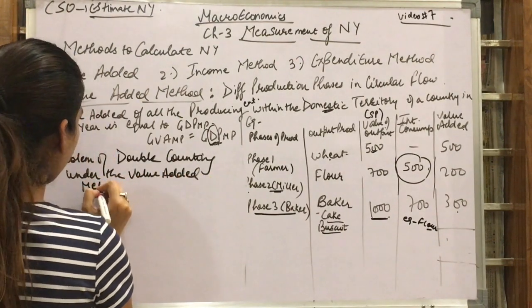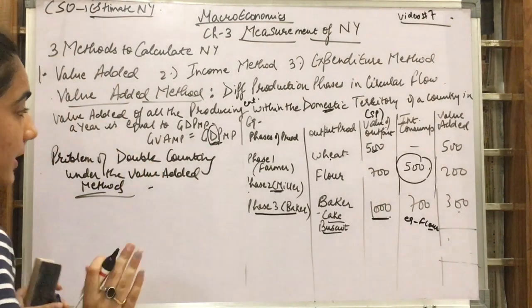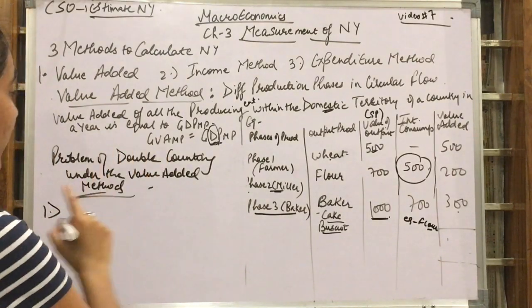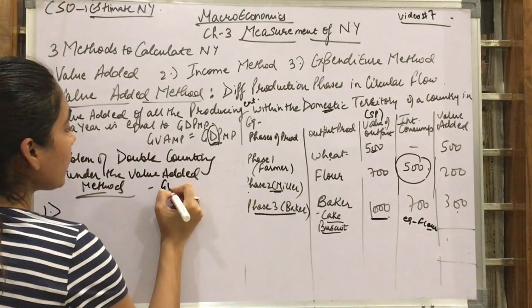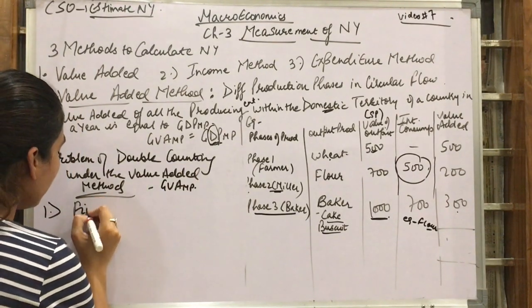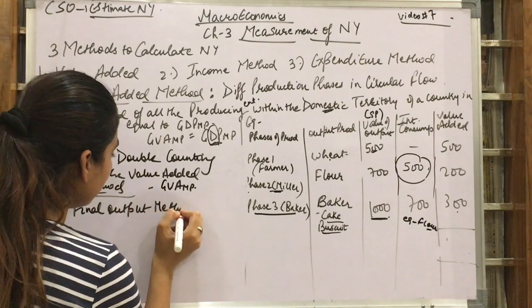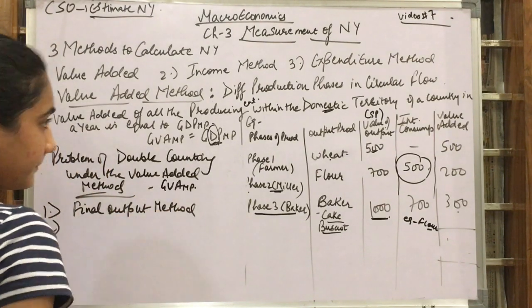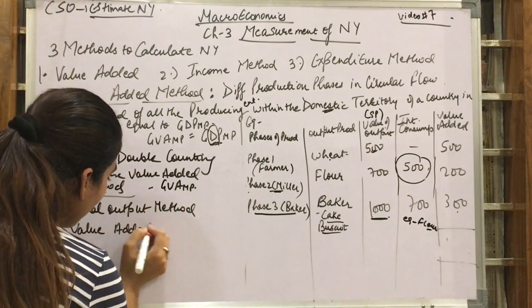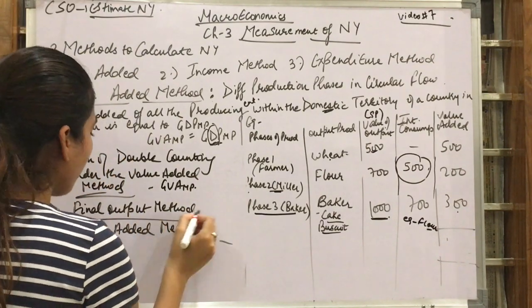That means there are two methods with the help of which we can calculate the gross value added at the market price. First is the final output method and second is the value added method.